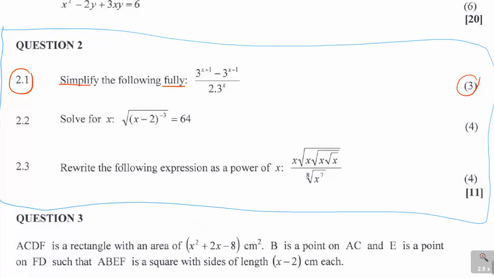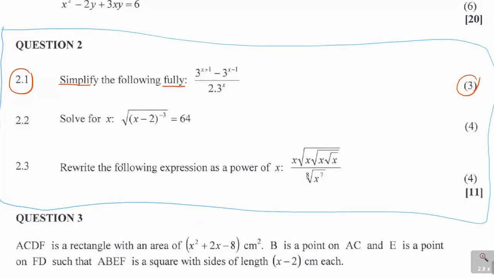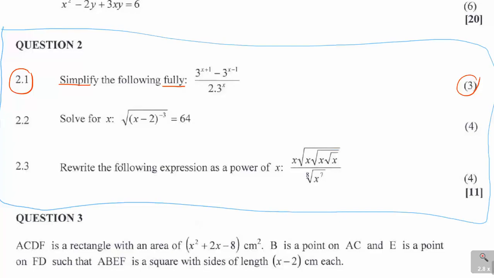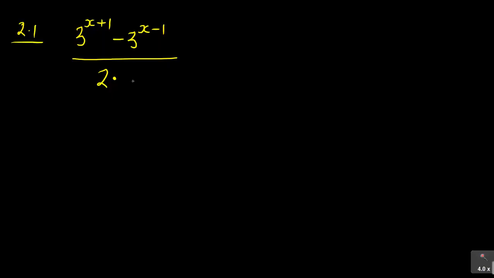So I can write it here: 3 to the power of x plus 1 minus 3 to the power of x minus 1, all over 2 dot 3 to the power of x. This is what we have.